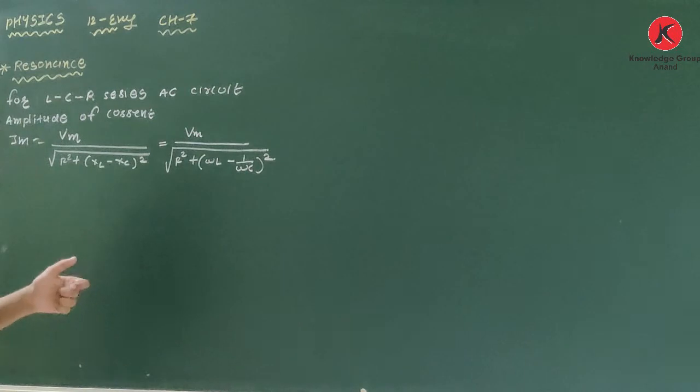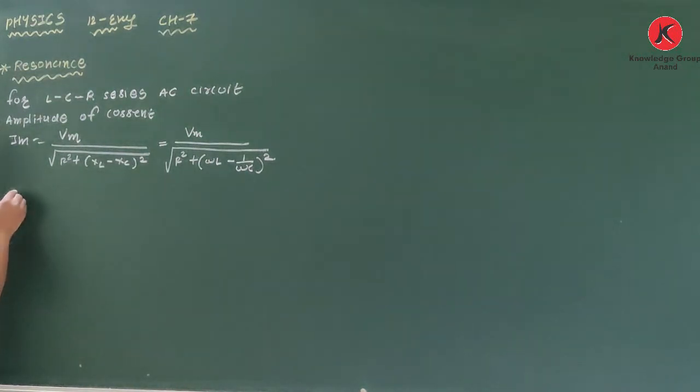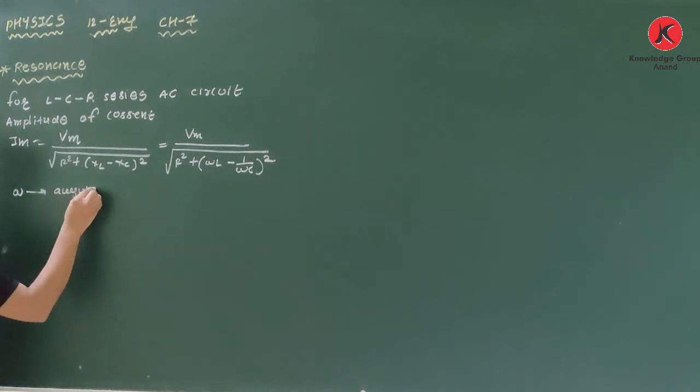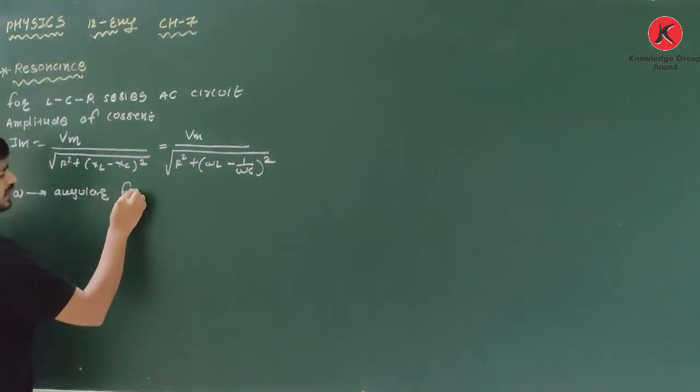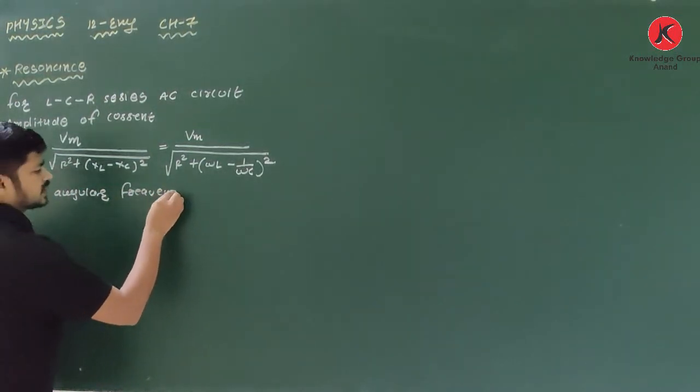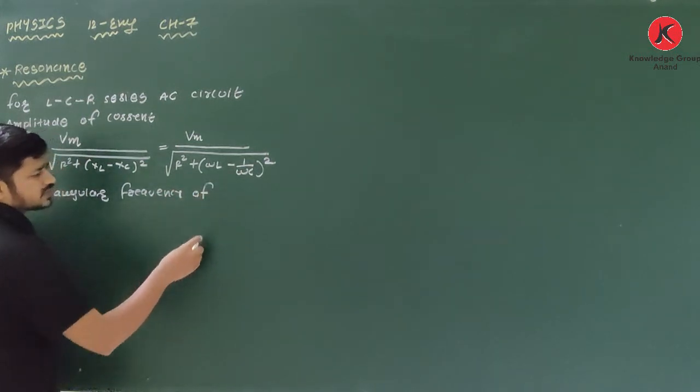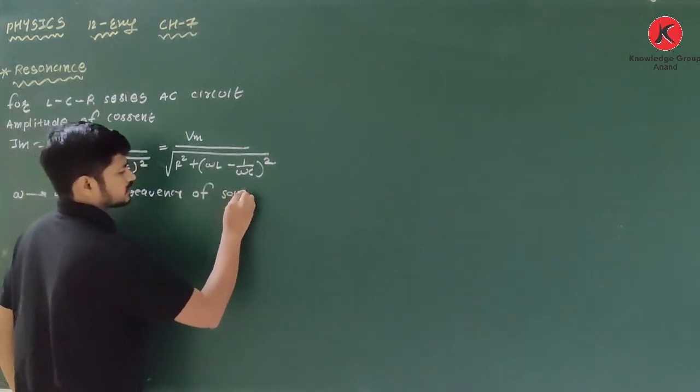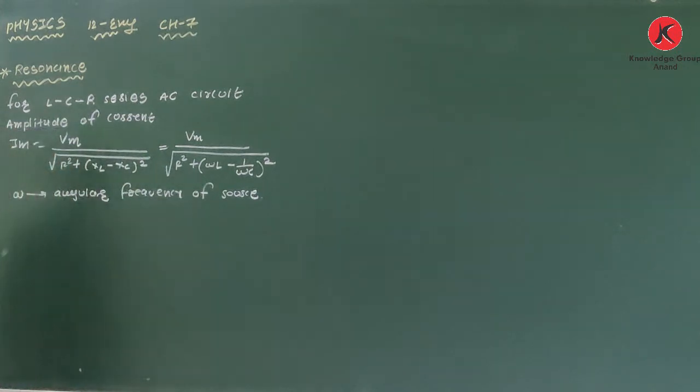Clear? Where omega is the angular frequency of the source. Clear about this? Okay. So for the LCR series AC circuit, the amplitude of current Im is equal to this equation.